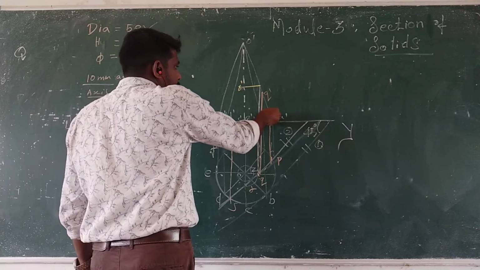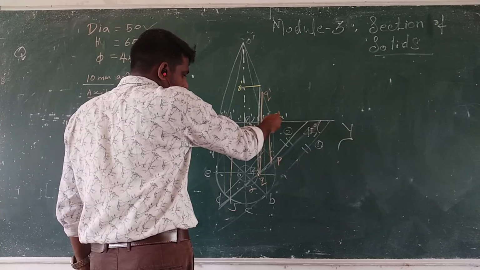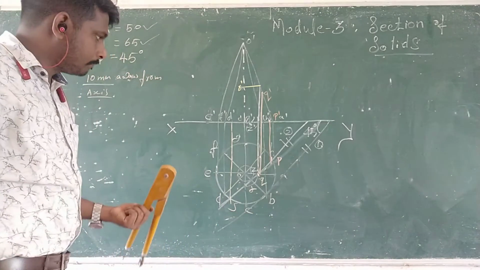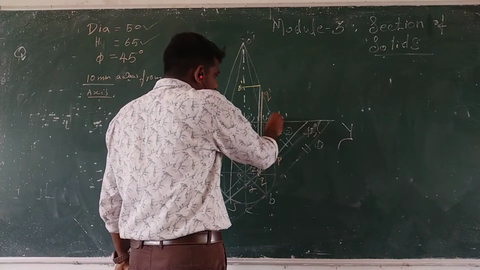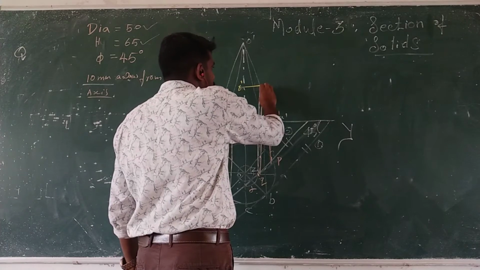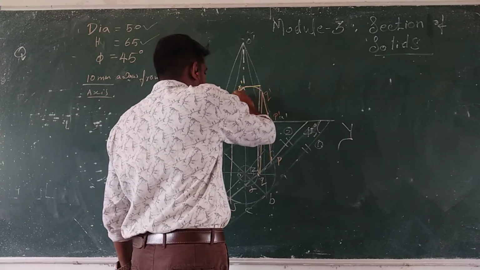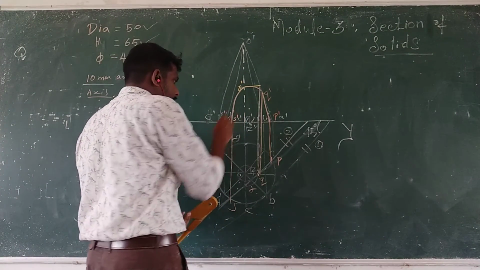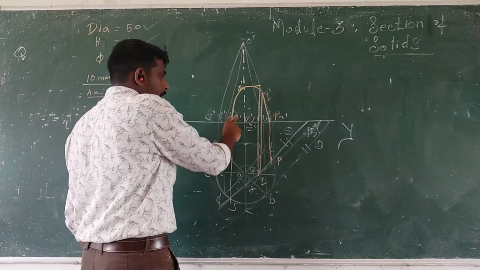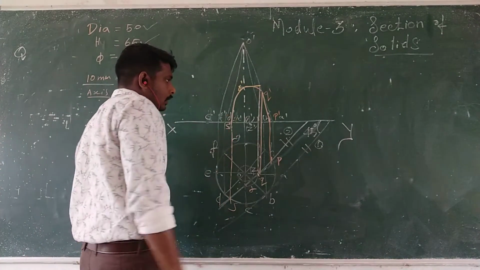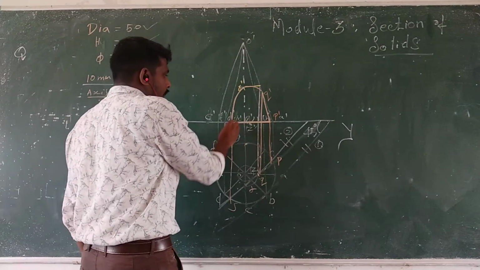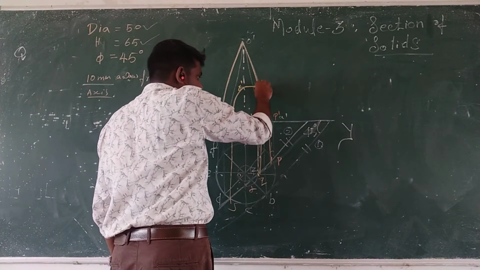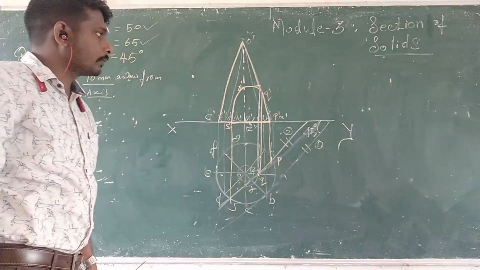This is P to Q, Q to R, R to S. Yes, that. Okay. Clear? This is a sectional front view. Then we can draw the remaining portion of the cone by drawing a thick line. Okay. Clear?